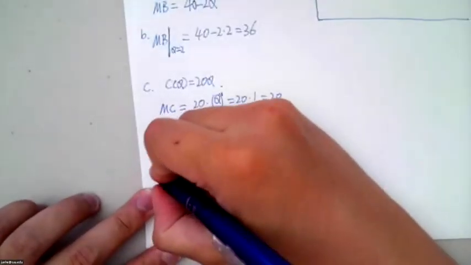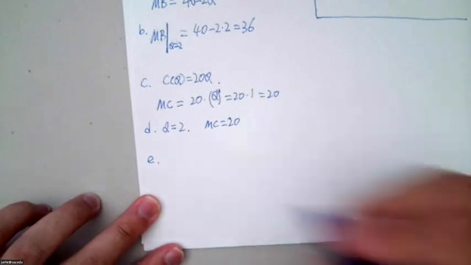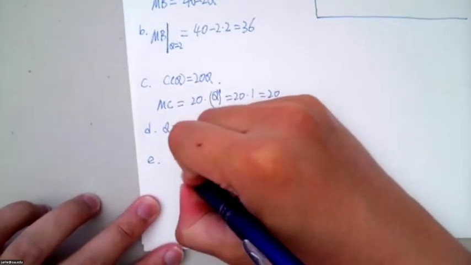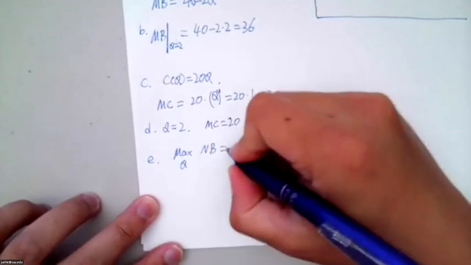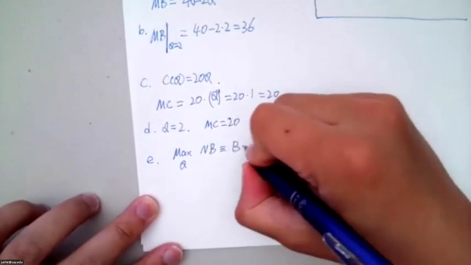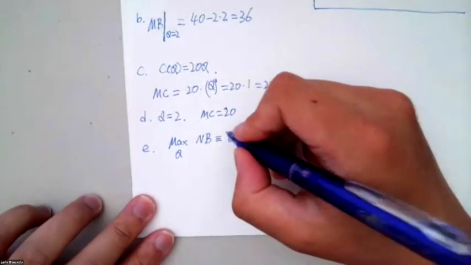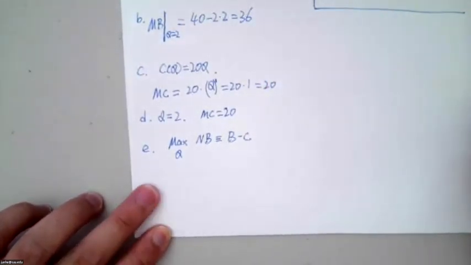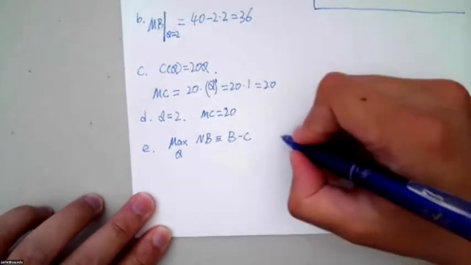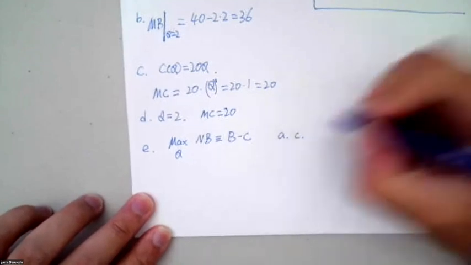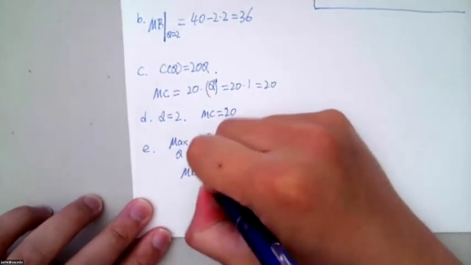Now let's look at the last one. How do you work out the Q that maximizes the net benefit, which is benefit minus cost? Here we can directly use the derivatives that we found in A and C and set them equal. So marginal benefit equal to marginal cost.